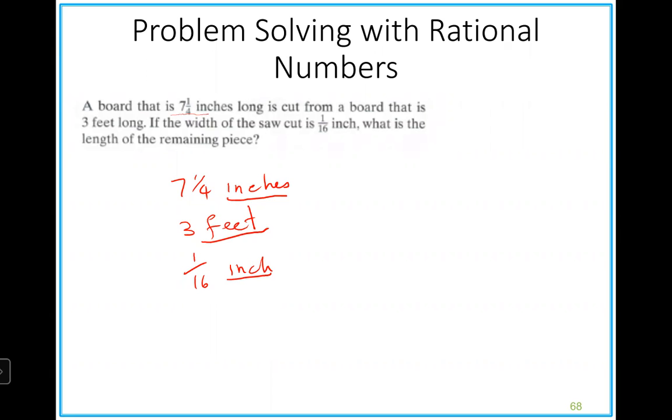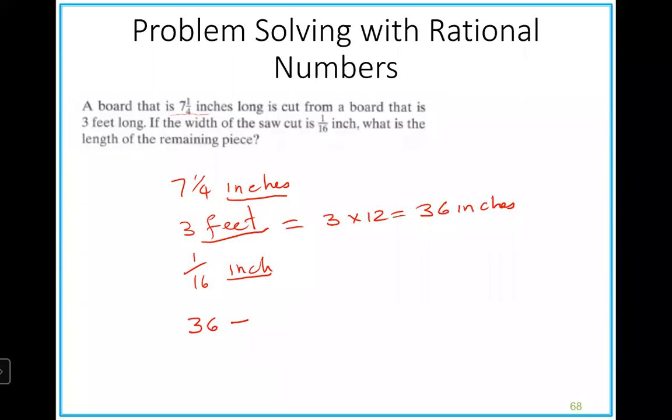Okay, so how many inches are there in 3 feet? How many inches in 1 foot? 12 inches is in 1 foot. Well, 36. Okay, so 3 feet would be equal to 3 times 12, which would be equal to 36 inches.